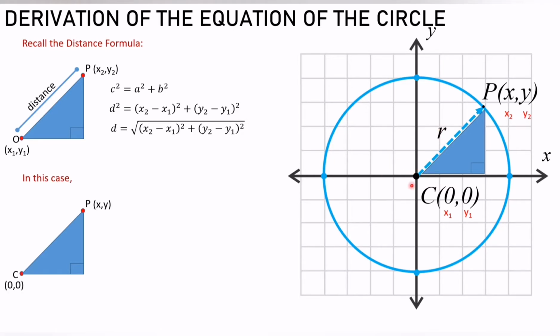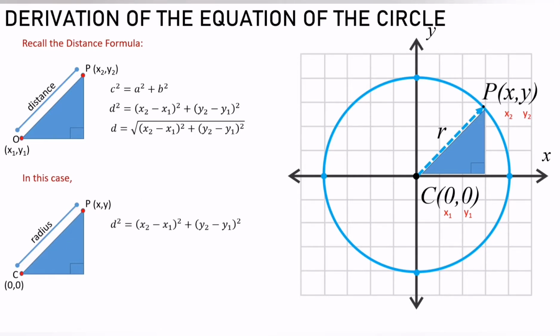So we have point C and point P. Point C is the center of the circle, and point P is any point along the circle. So this becomes our radius now. The hypotenuse is the radius.